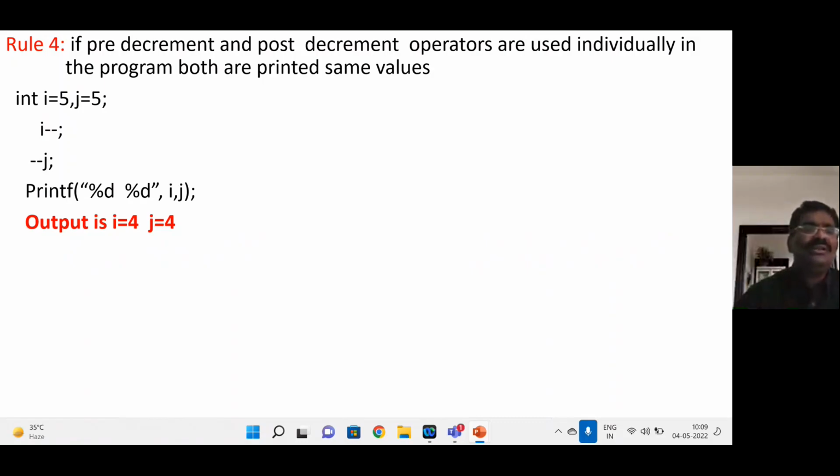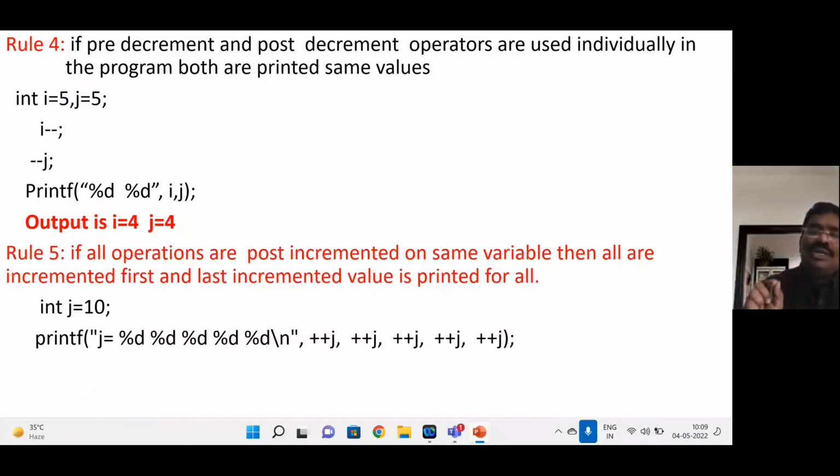Have you understood that? So the fifth rule: if all operations are post-incremented on the same variable, then all are incremented first, and the last incremented value is printed for all variables.